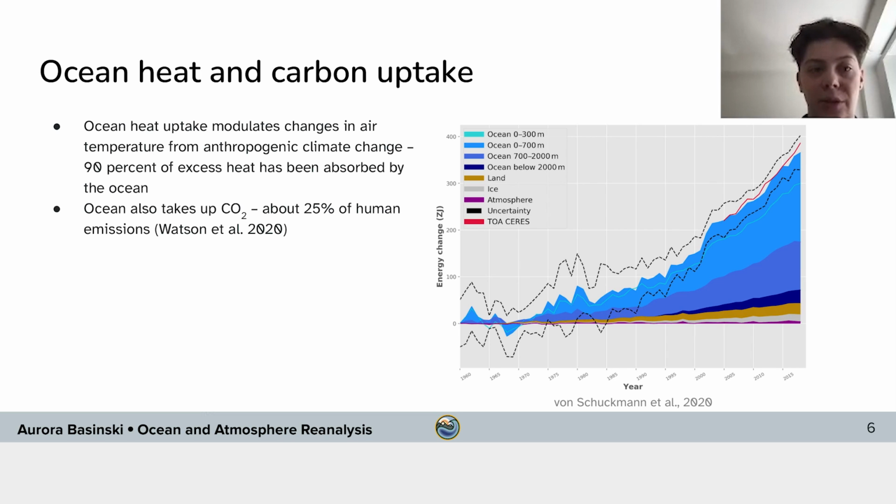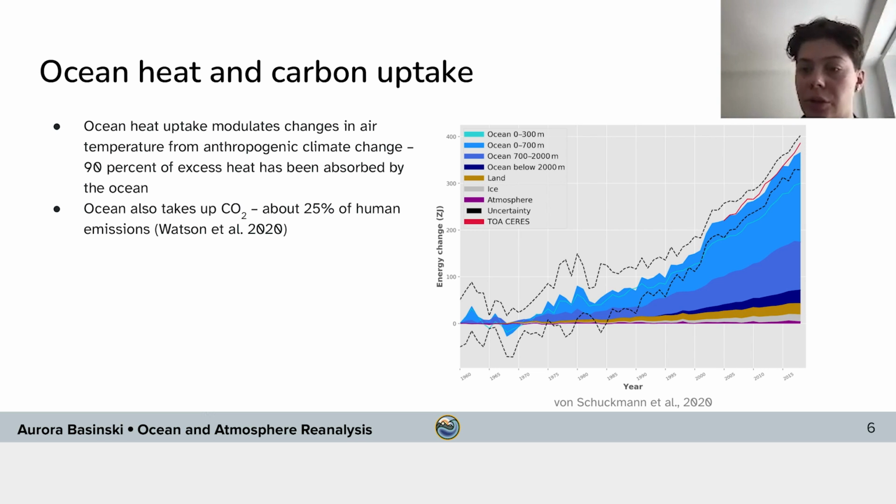Since pre-industrial times, ocean heat uptake has modulated changes in surface air temperature because of anthropogenic climate change. It's absorbed about 90% of excess heat. This plot on the right is showing this idea. The x-axis is time in years, and the y-axis is energy change in zetajoules, where a zetajoule is 10 to the 21 joules.